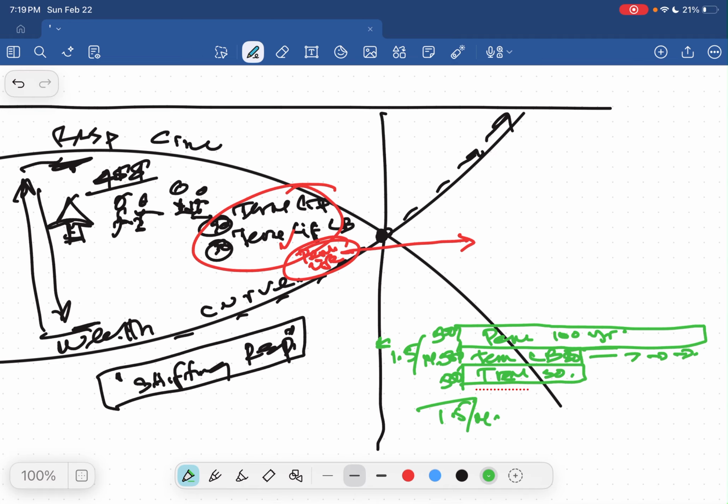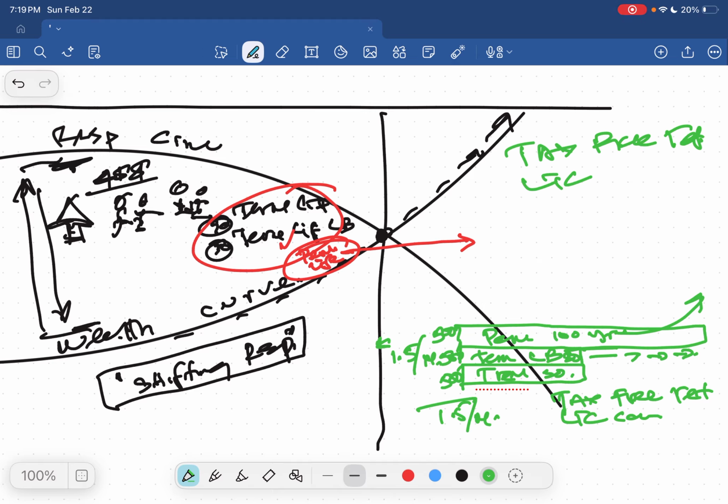By then, the plan grows. The growth in this plan is going to be used for tax-free retirement and long-term care, because this is when we're much older, and about 70% of people in the United States who are hitting age 70 are going to start needing some form of long-term care.